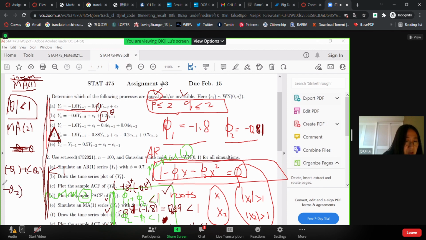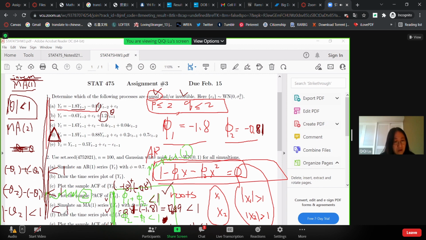This is similar to the 3 conditions for AR2. Replace phi1 by negative theta1, replace phi2 by negative theta2.